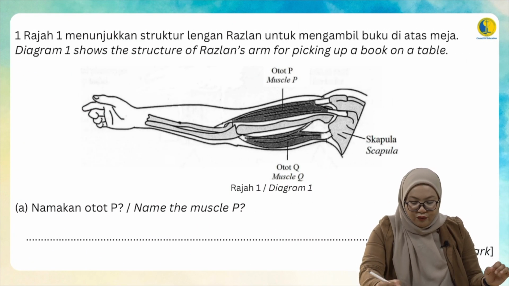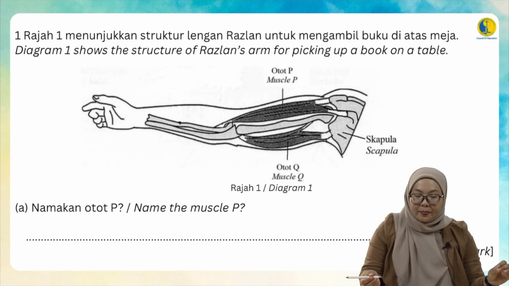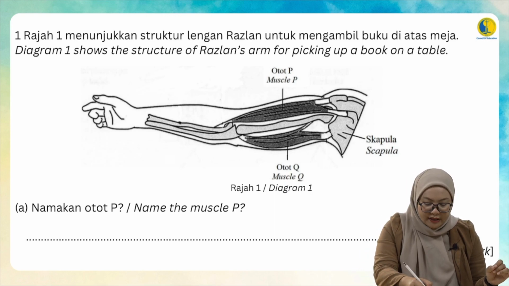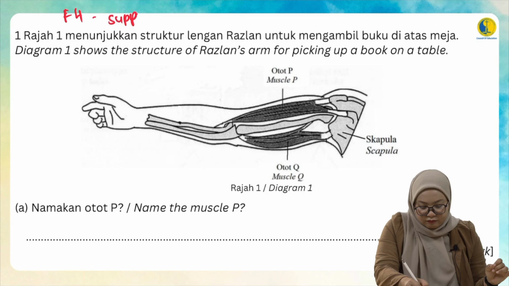For these types of question, I've taken them from Form 4, from the chapter Support, Growth and Movement.